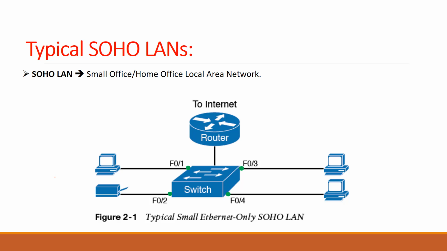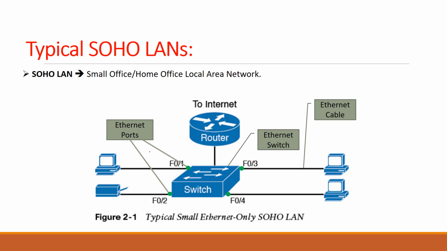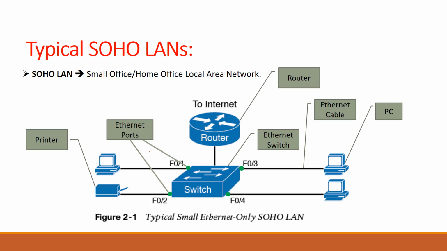Let's give a simple example of a typical small office, home office LAN. So here we have an Ethernet switch, Ethernet cables, Ethernet ports on the switch, and some PCs, 3 PCs in this figure, and a router and a printer.